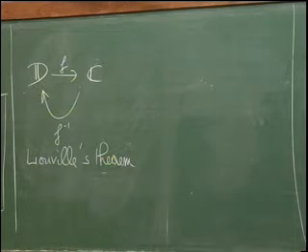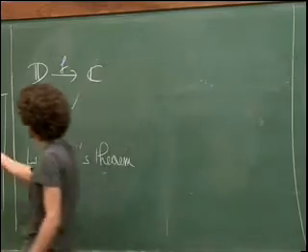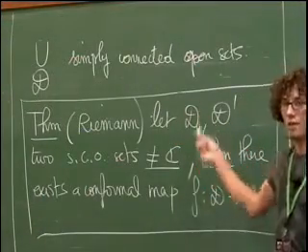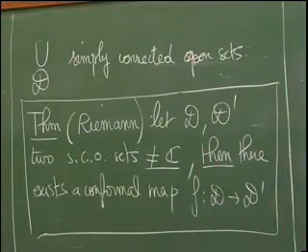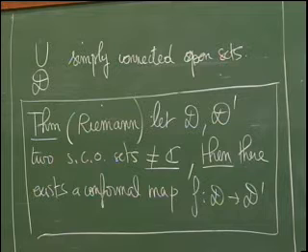So other question, why, if I take D, which is simply connected, f of D will be simply connected?